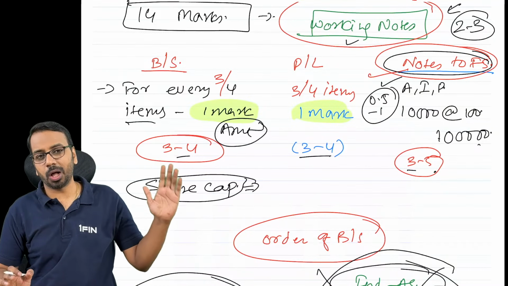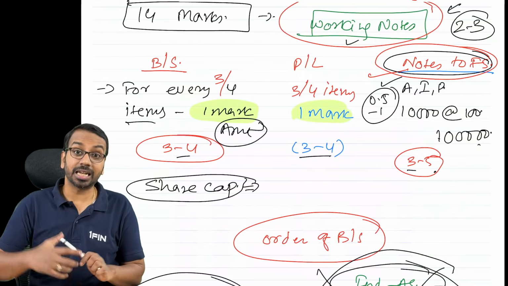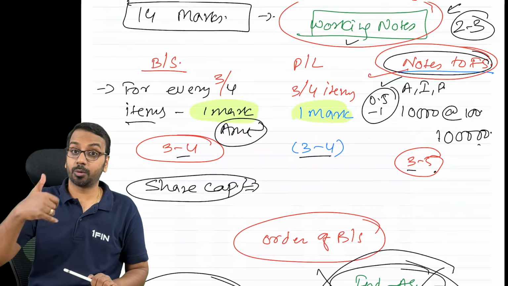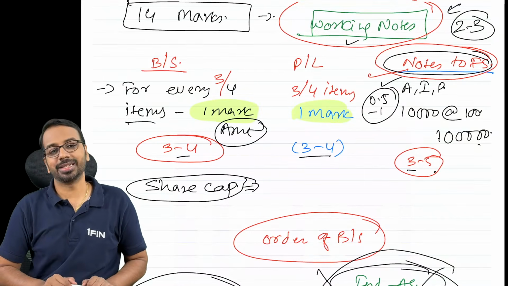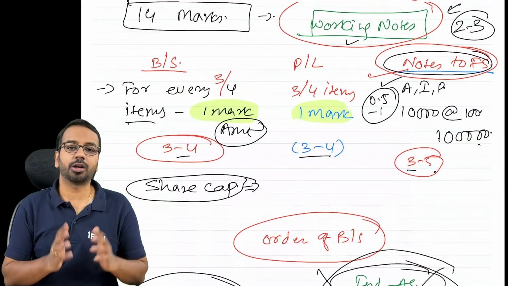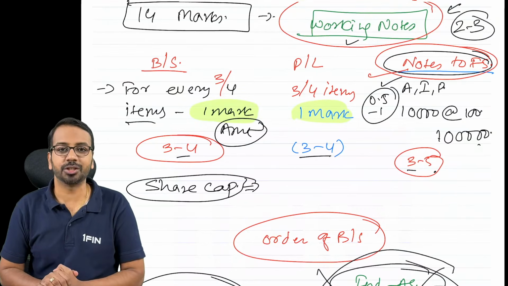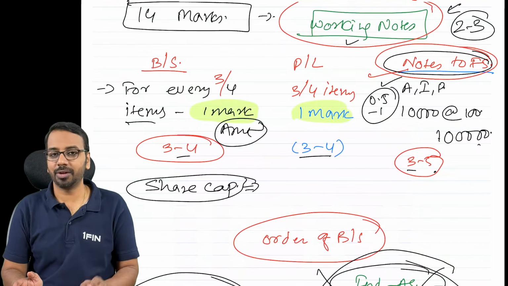First, we will cover all the notes to financial statements as per respective questions. After that, we will have a review of important notes to financial statements, and then we'll go through the remaining notes to financial statements. I hope you got a lot more clarity on how to approach the questions in the examination, and in the next class we will take up a question and solve it along with you.